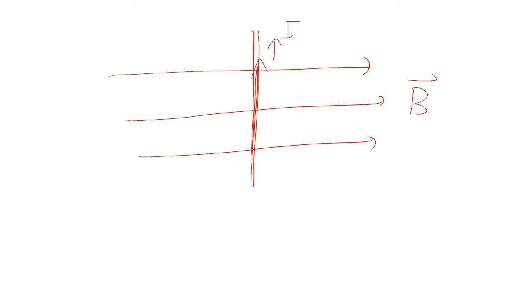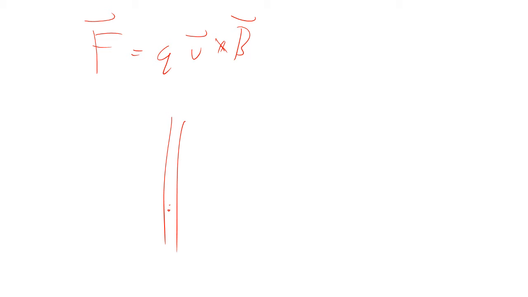Okay. So if we're pushing on the whole wire, what's going on? Well, we know that the magnetic force is QV cross B. So if we look at the individual charges in the wire, we got a wire here, and we got the individual charges moving. The force on each charge, let's make an assumption that V cross B is just going to be V times B, and that's perpendicular.